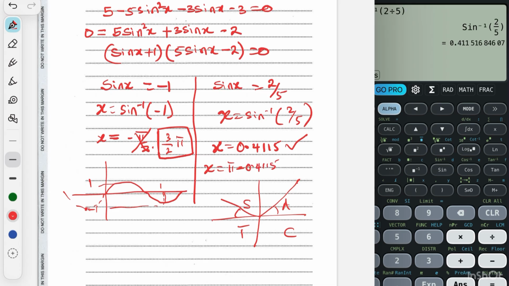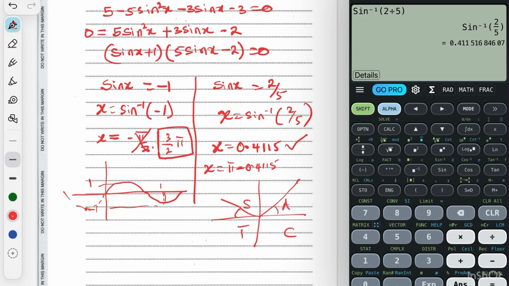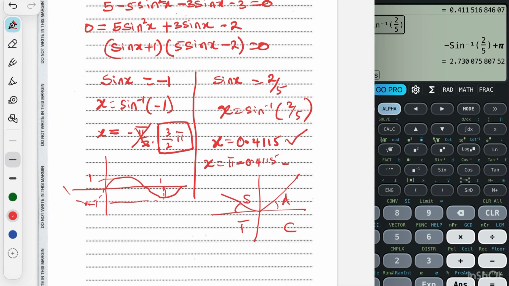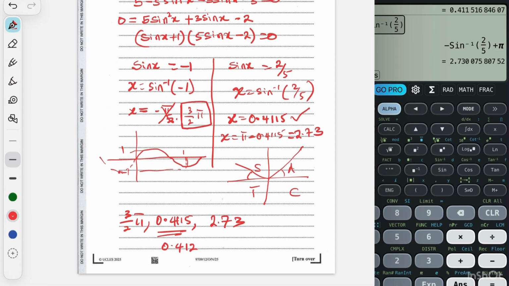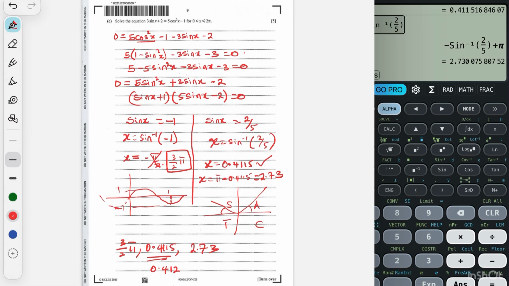So pi minus answer, you get 2.73. So my answers are 3 over 2 pi, 0.4115, and 2.73. So you can put this as 0.412, 3 significant figures. So these are my answers. So there are 3 solutions for this.